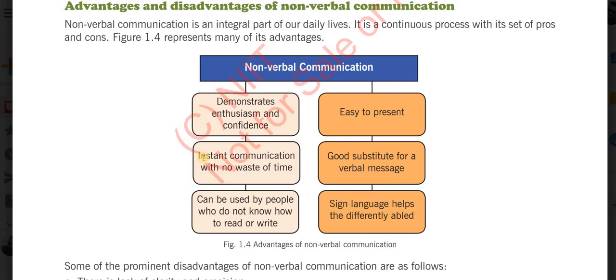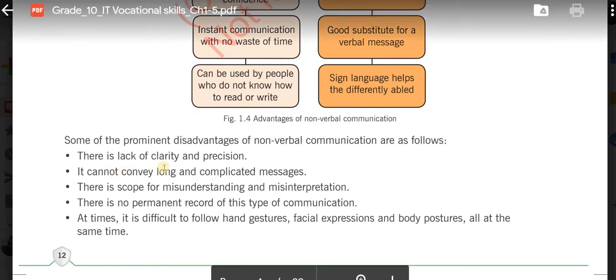If you are illiterate and don't know the letters, words or languages, you use non-verbal communication to communicate with each other.